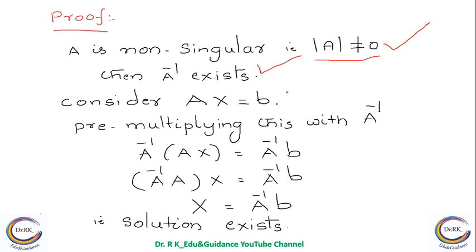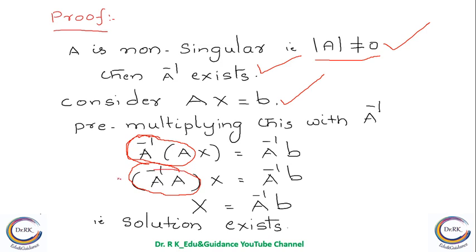Now this is the system of equations. So what we do is pre-multiply this system by A inverse. Then A inverse AX = A inverse B. Now we know the associative property, so A inverse into A we can combine. And this A inverse A is nothing but the identity matrix.